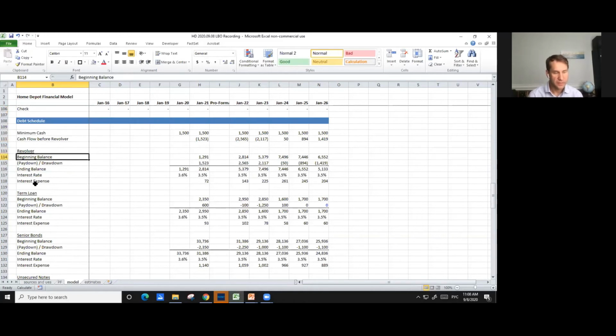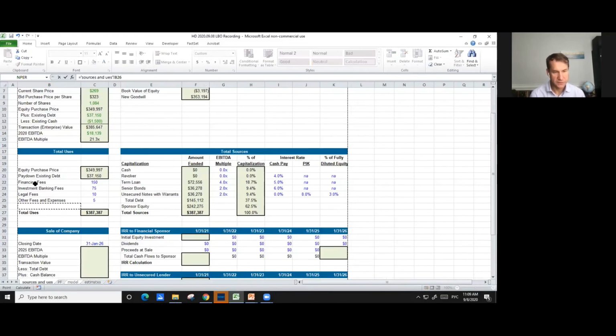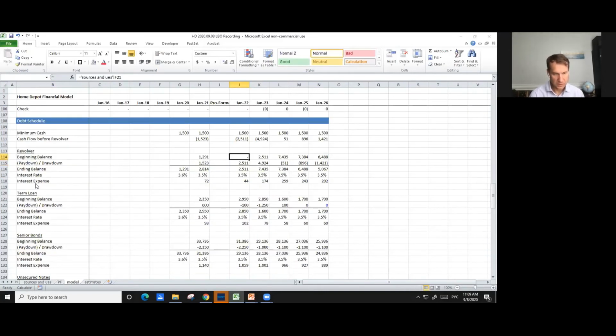So beginning balance, we're just modeling the 5 years out. Beginning balance should come from sources. So revolver, amount funded is 0. I'll make it green.